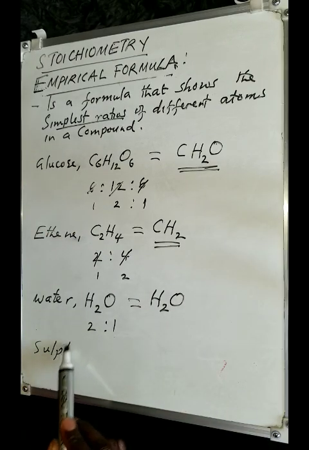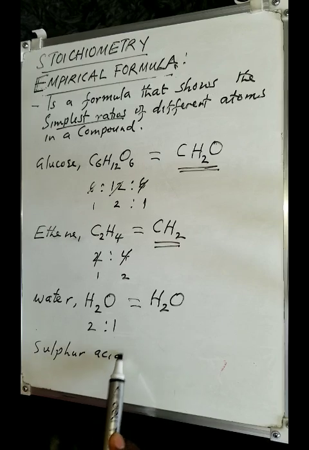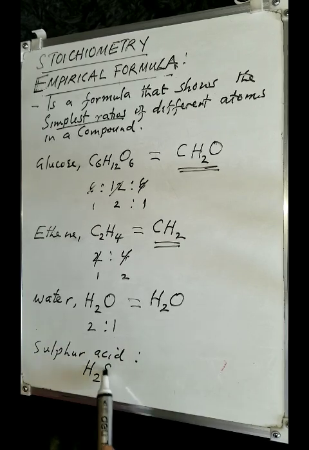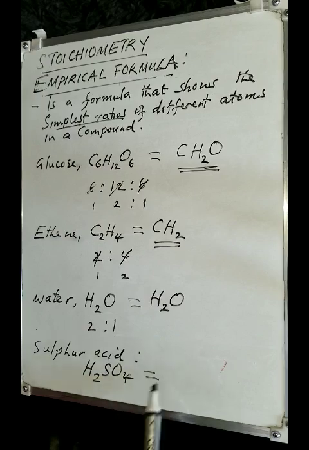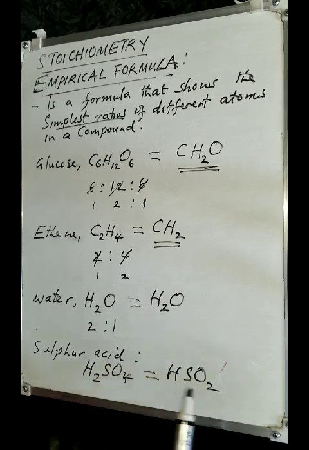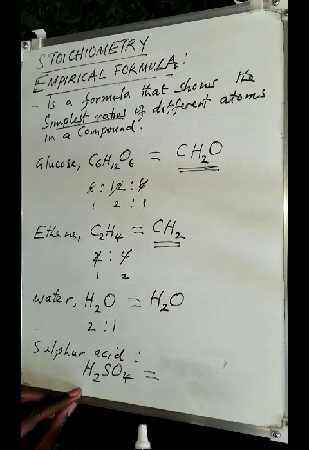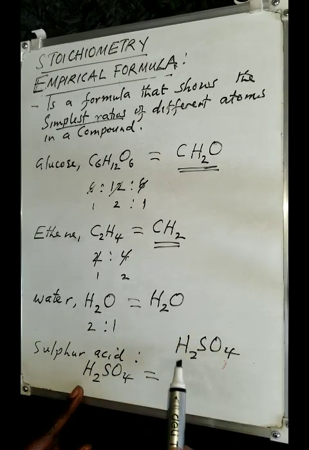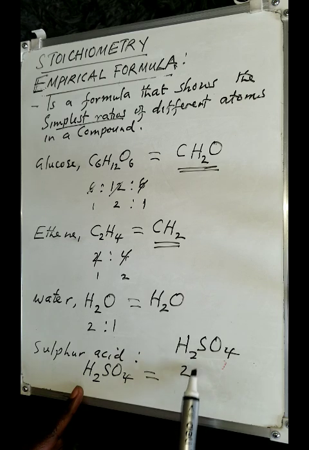What about when we talk about sulfuric acid? Well, sulfuric acid has the formula H2SO4. What is the empirical formula? Well, you might be tempted to say HSO2, but that is actually wrong. Let's go back again and rewind it. If you look at sulfuric acid there, how many atoms of hydrogen are there? 2. How many atoms of sulfur alone? 1.